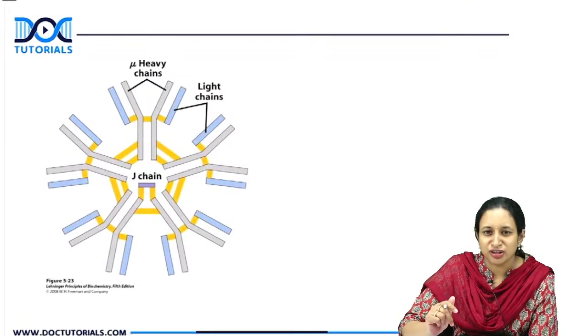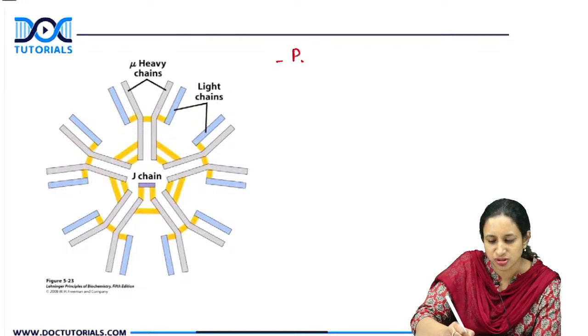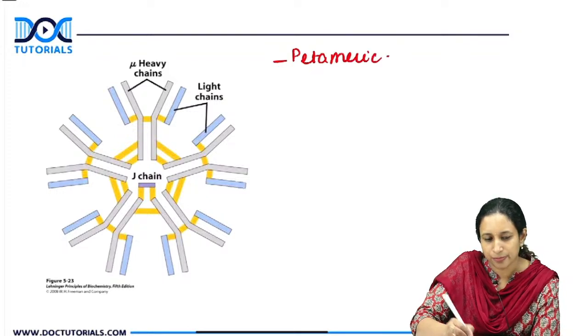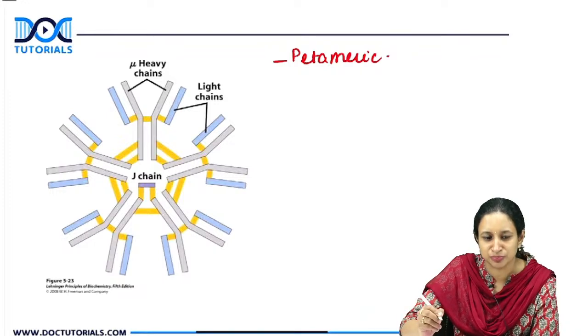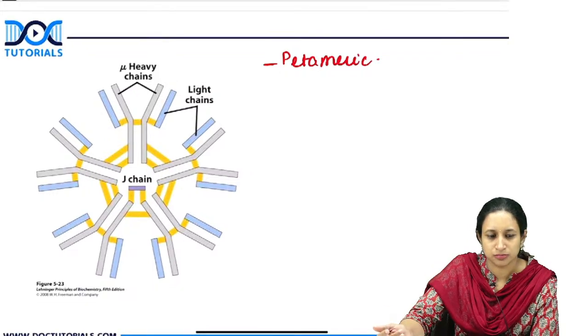Can you identify this particular antibody that you should know, which is pentameric? So this is a pentameric structure. Which is this particular antibody that you have to remember? Very good.